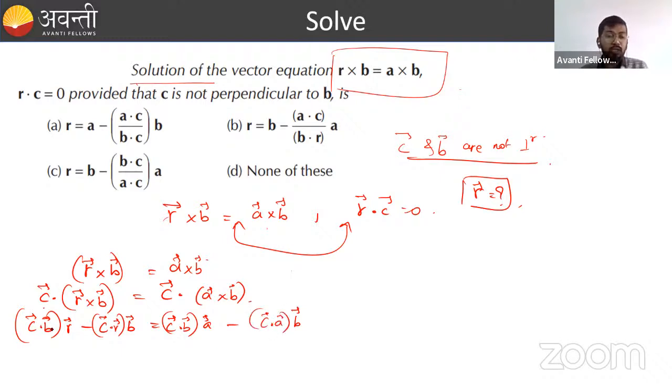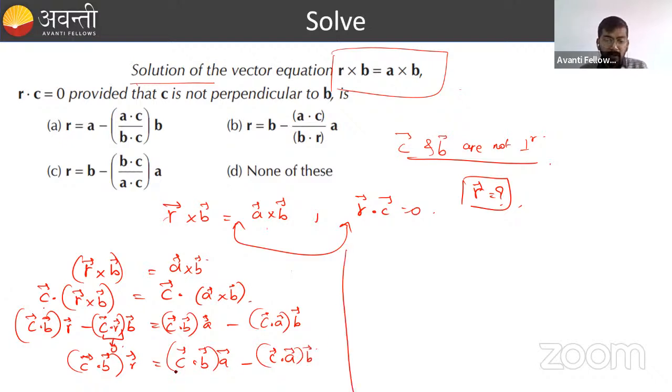Here you can see that r bar dot c bar is 0. So on the left side what remains is c bar dot b bar into r bar equals c bar dot b bar into a bar minus c bar dot a bar into b bar.